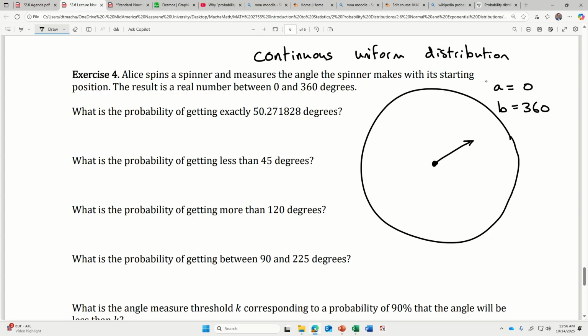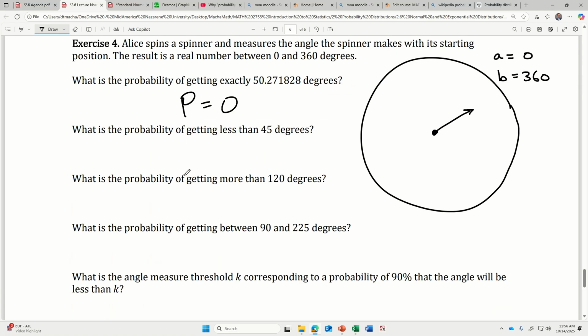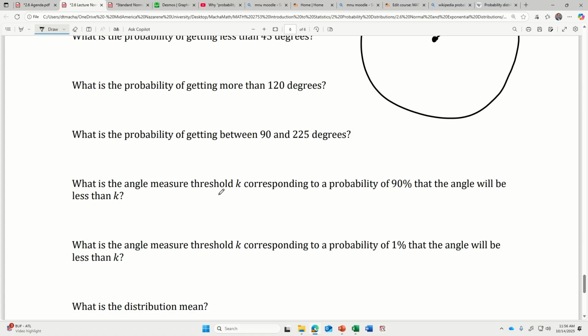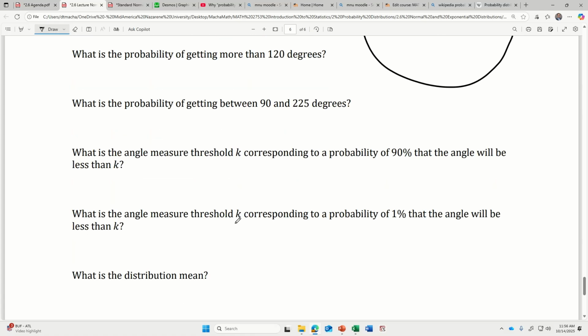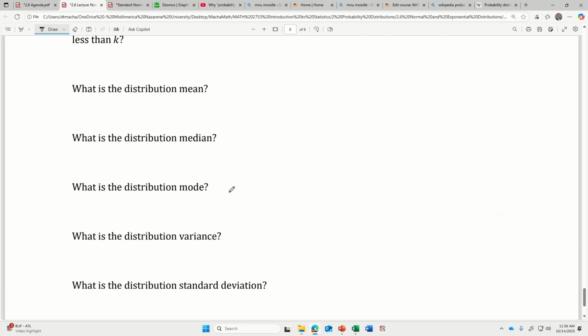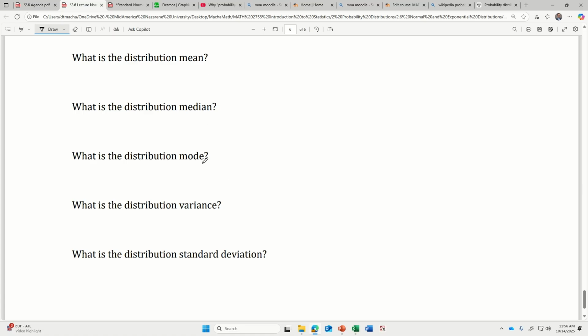The probability of getting an exact number of degrees would be 0, because it's a continuous random variable. And there's other probabilities that we can calculate using the cumulative distribution function. There's some angle measures we can calculate using the quantile function. We've got formulas for the mean, median, and mode, but here's the thing.